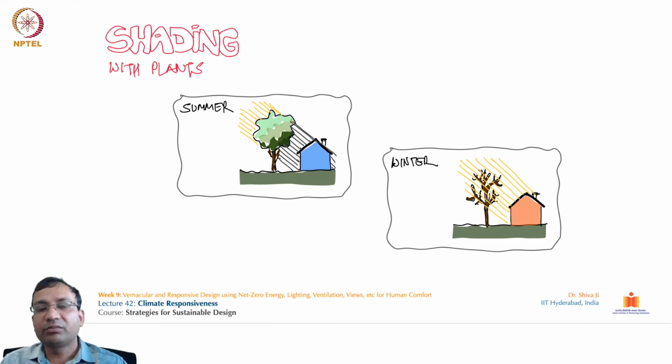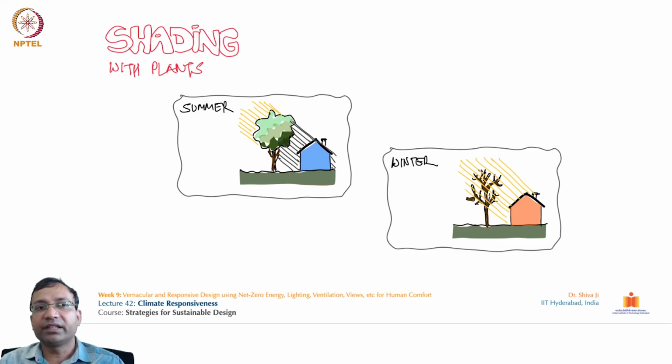Shading with plants also, because plants are one of the very important elements which absorb the sun's heat. So we can utilize the location of the plants, like how far we should keep them from the building surface, at what distance, and what height of these plants or trees is desirable should also be taken into account for designing a climate responsive technique.